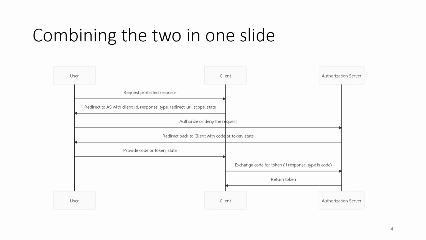The user tries to access the application, which needs access to a resource owned by the end user. The client doesn't have access to the resource, so it redirects the user to the authentication server, and it will provide its own client ID and response type, code, or grant.